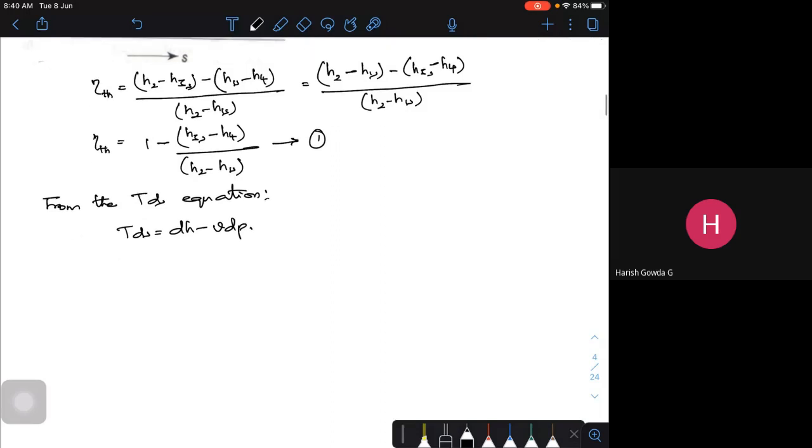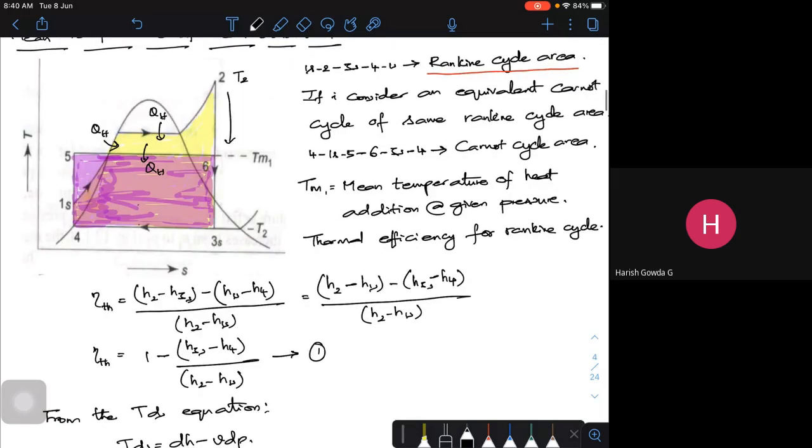Now, if my pressure is constant, what will happen? Look at this particular thing. This is at a particular pressure, maybe let me call it P1, and this is at some pressure P2.